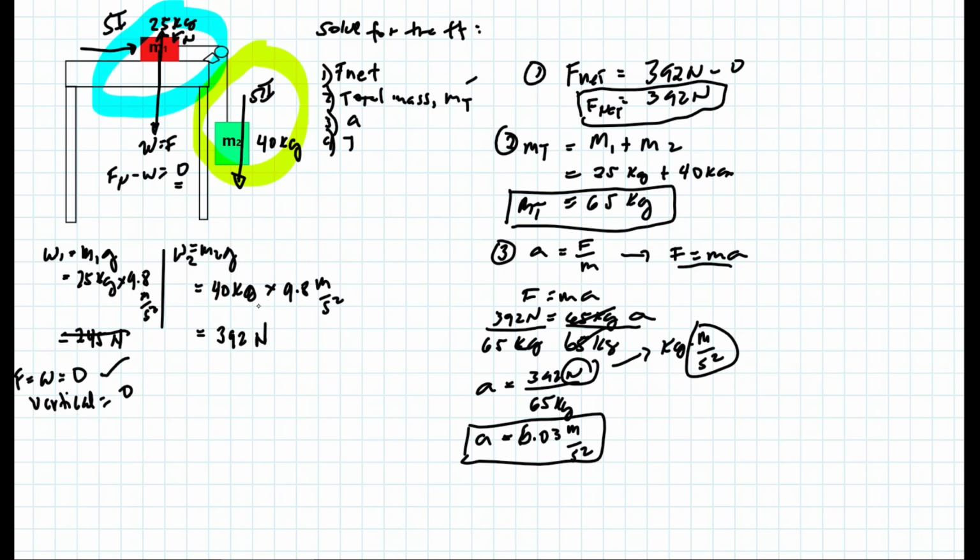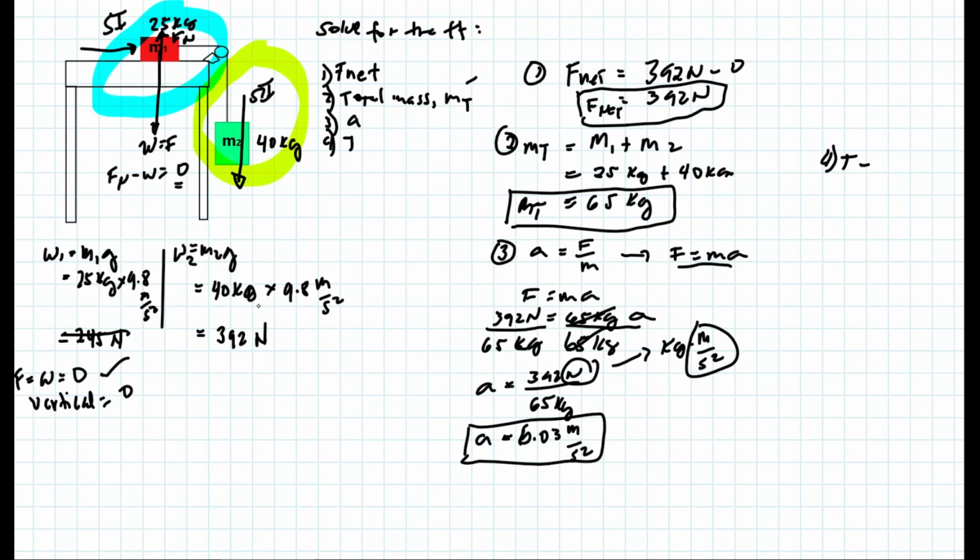For number 4, the tension, we can do this in two ways. We can use system 1 or system 2. I already drew the arrow here. For the object that goes down, we can see the arrows are pointing down. That means mass 2 is going down.